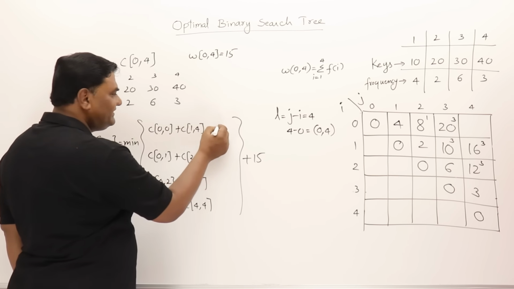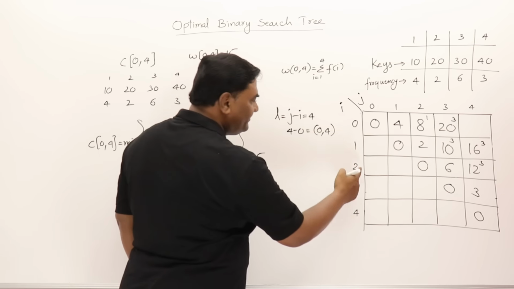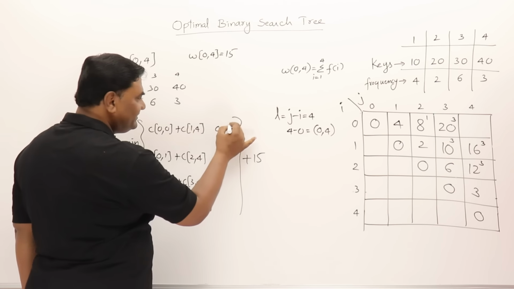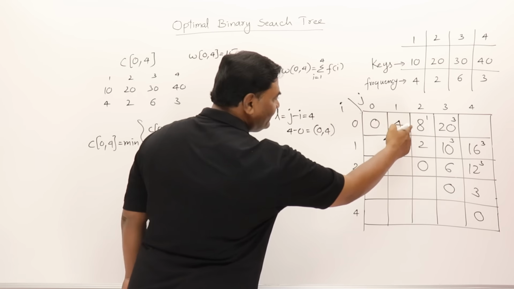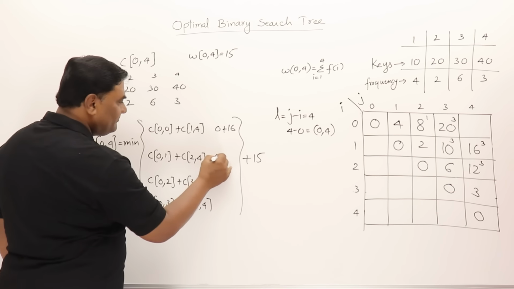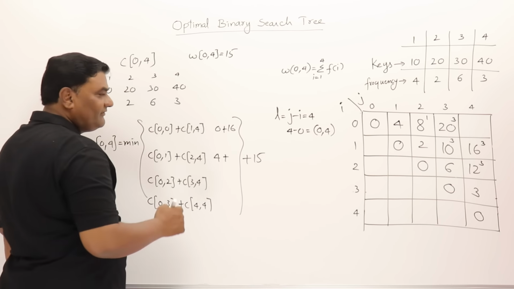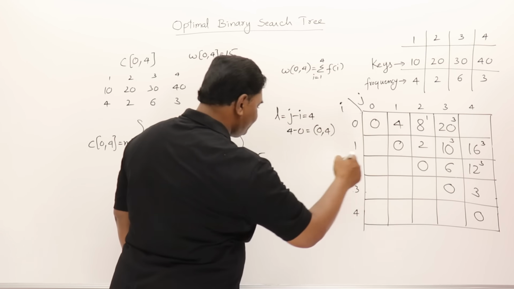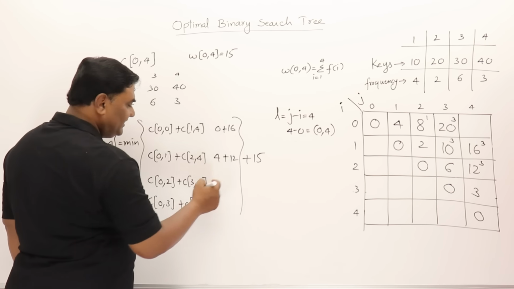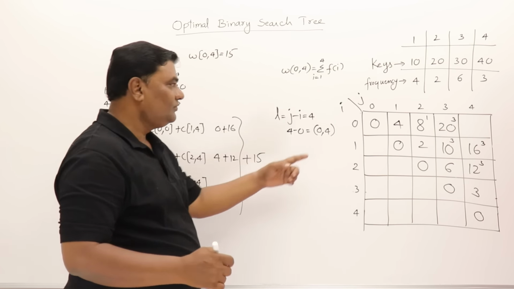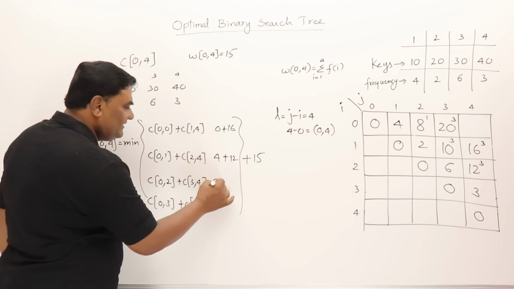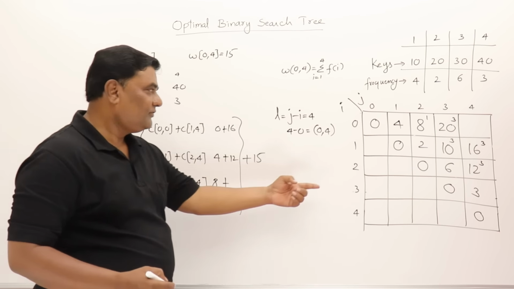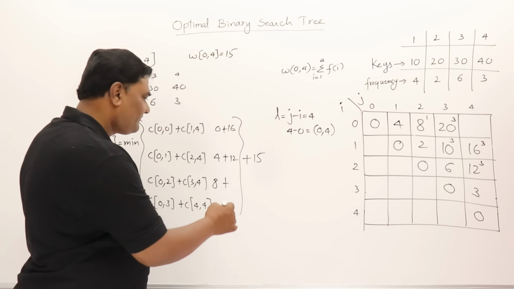So I will write down their values here. This is 0 plus C of 1, 4, which is 16. Plus C of 0, 1 is 4, plus C of 2, 4 which is 12. Then C of 0, 2 is 8, plus C of 3, 4 which is 3.